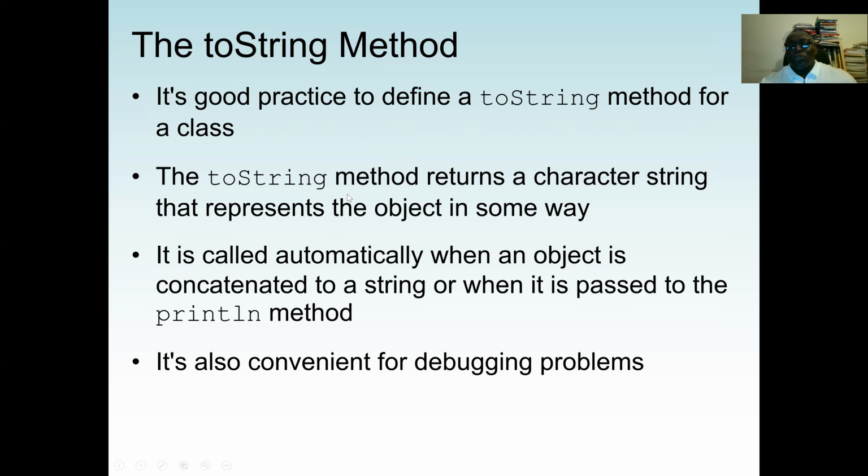And here we say that the toString method returns the character string that represents the object in some way. And it is called automatically when an object is concatenated to a string or when it's passed to the println method. So it is also convenient for debugging problems.